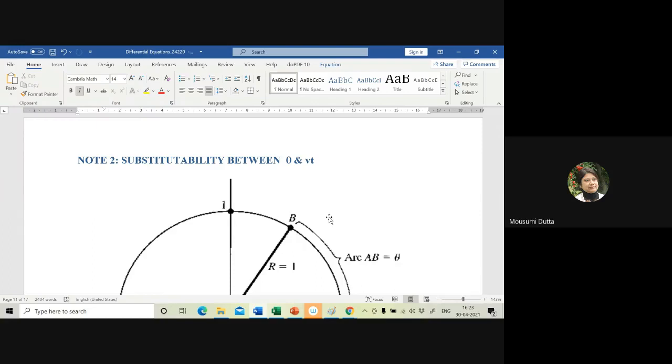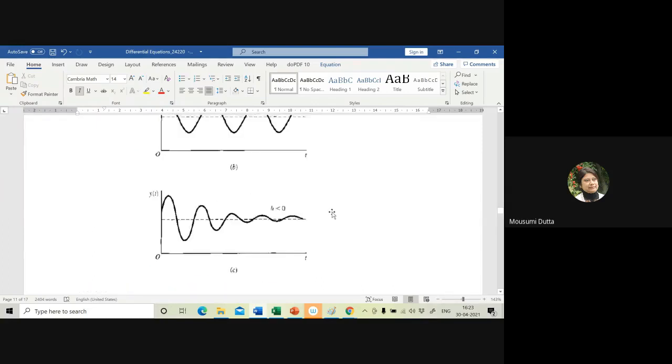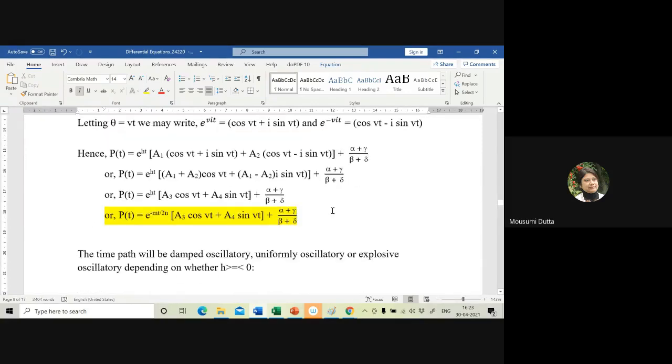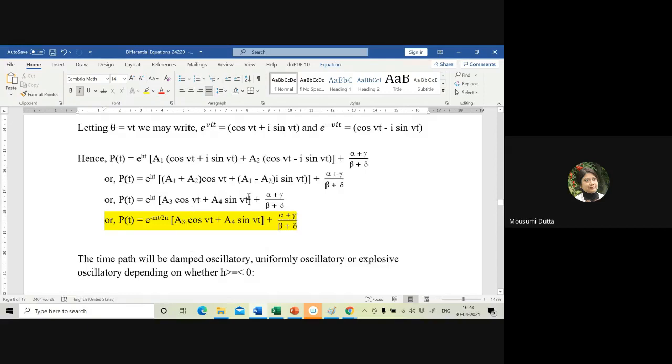Regarding substitutability between theta and Vt. What I did here, I have replaced theta by Vt. Theta is an angle, and I am telling you theta is equivalent to Vt, where t is the time component and v is a parameter.